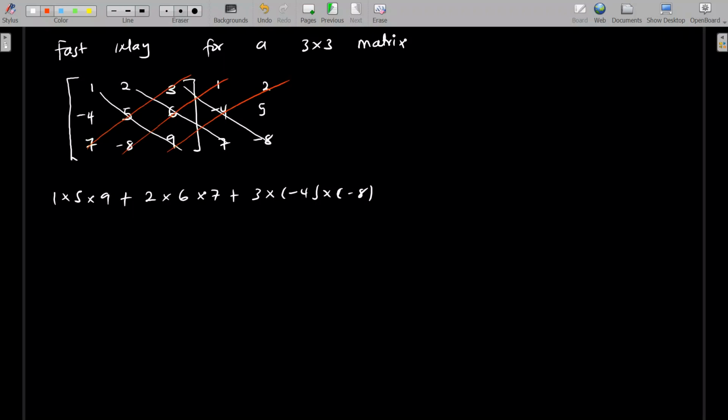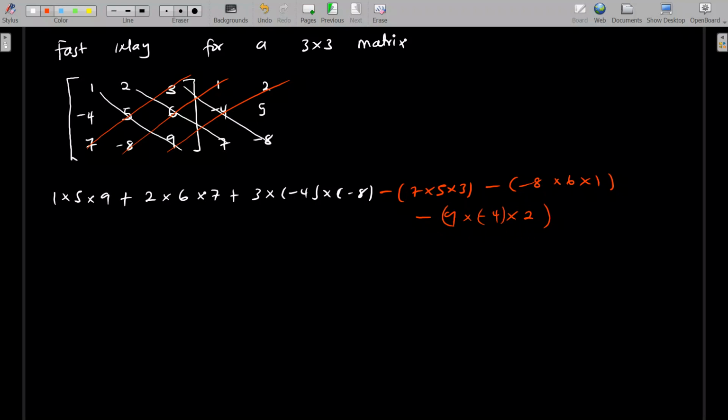Then minus: the first product is going to be 7 times 5 times 3, then minus again -8 times 6 times 1, and minus again 9 times -4 times 2.